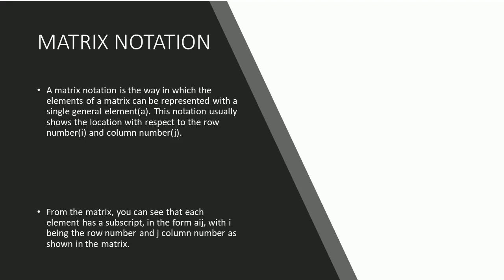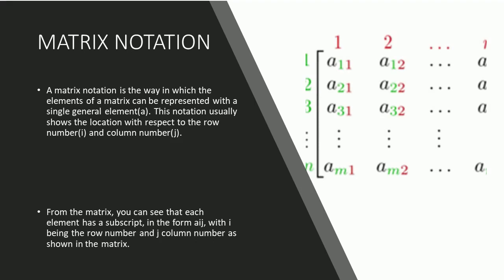From the matrix given below, you can see that each of the rows and columns is numbered. We have rows 1, 2, 3 written in green, and we have 1, 2, 3 up to n written in red.